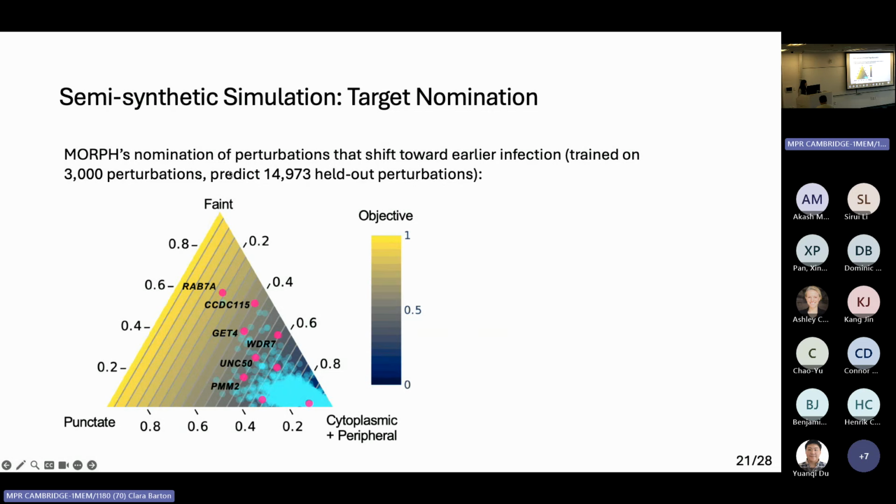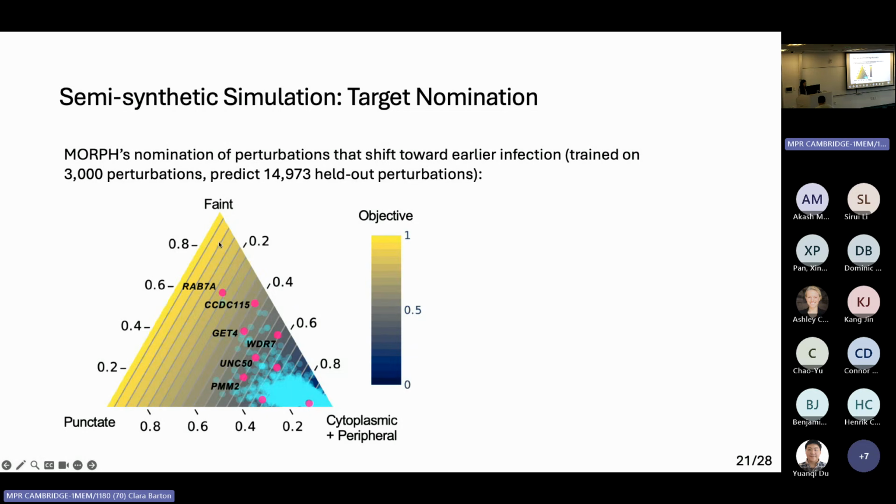What we did here is we took 3,000 perturbations as training, and we withheld 15,000 perturbations without seeing their actual effect. And we used MORPH, trained on the 3,000, to see if we can predict which ones out of the 15,000 are likely to lead to maybe earlier infection stages.